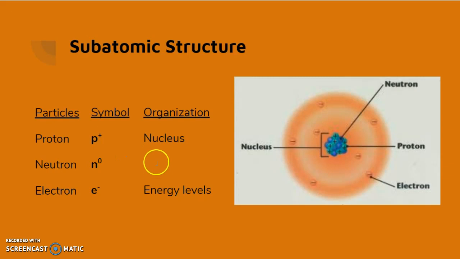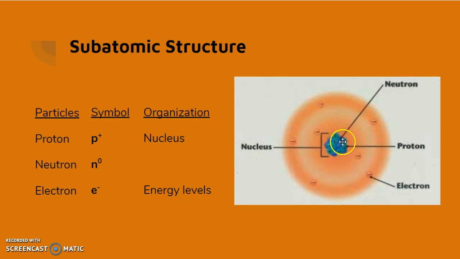Neutrons are also inside of the nucleus. Neutrons are neutral, just like the name sounds, which is why we write N with a 0. That represents no charge. And then finally we have electrons, and the symbol for that is E- because electrons have a negative charge, and they're located in the different energy levels.